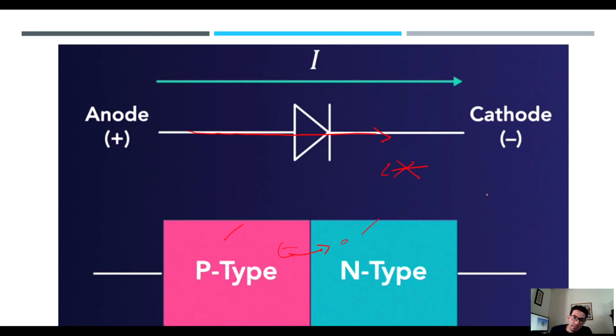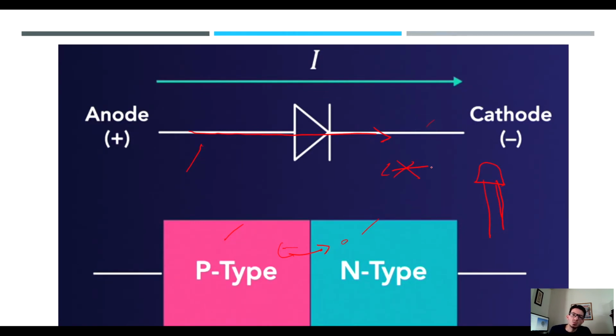So when you buy a diode, it will come with a long leg and a short leg. We'll see these later in the lab. The diode has a short leg and a long leg so that the operator or the engineer knows how to install the diode in the circuit. So the long leg is the anode and the short leg is the cathode.